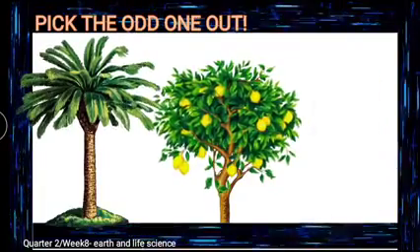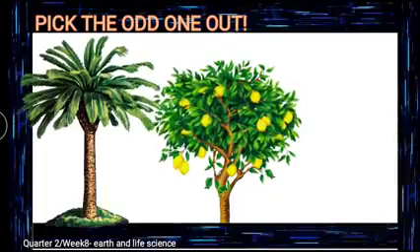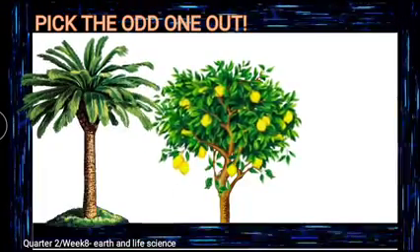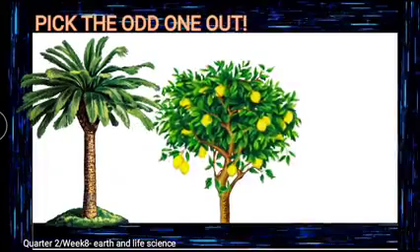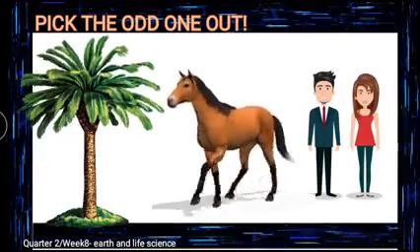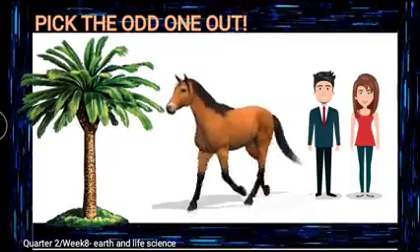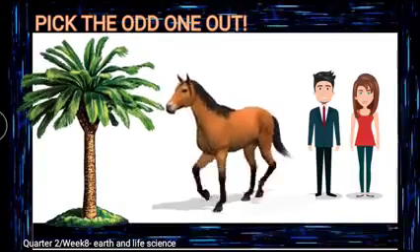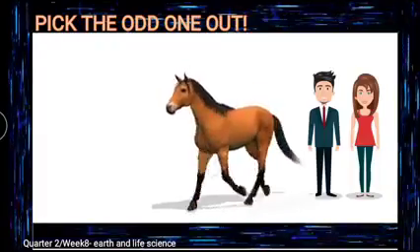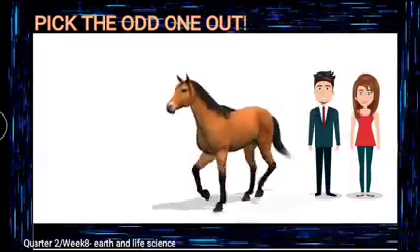Humans do not belong to the group, so you remain with the 2 trees. Next, let's have again a tree, horse, and human. Very good. We remove the tree, in the sense that we have here horse and human.